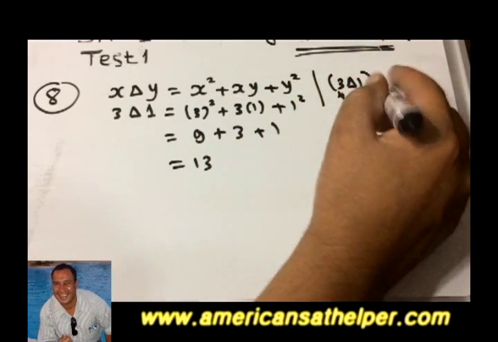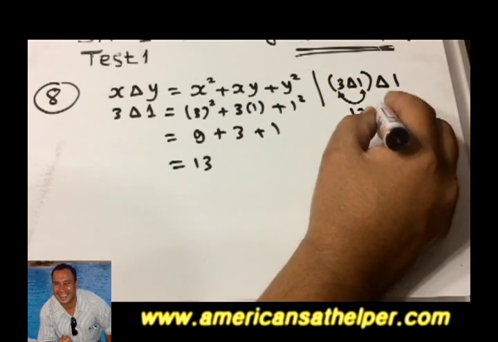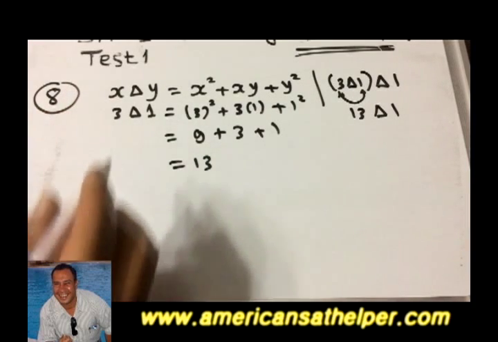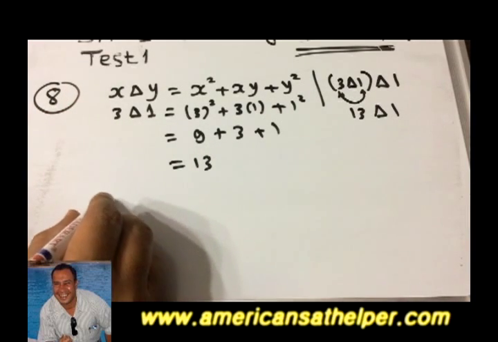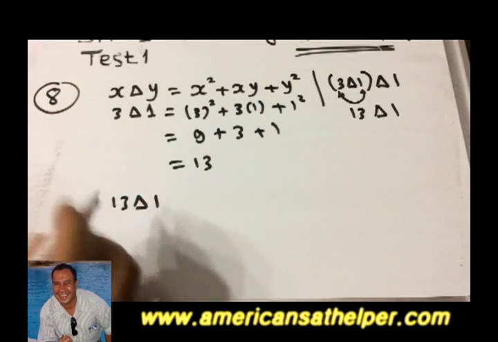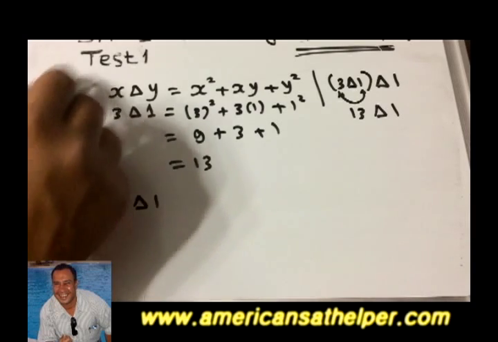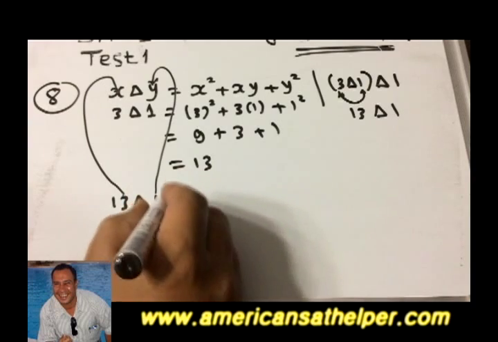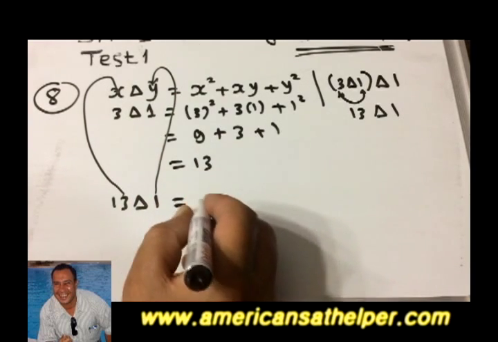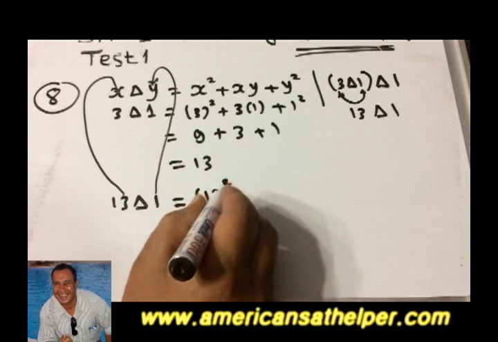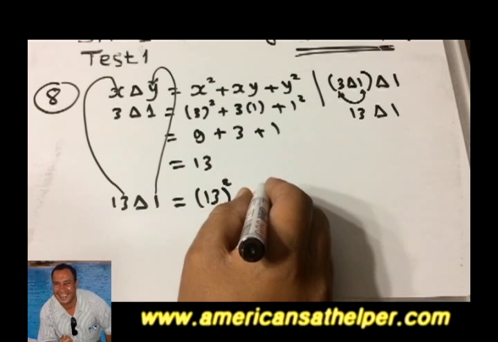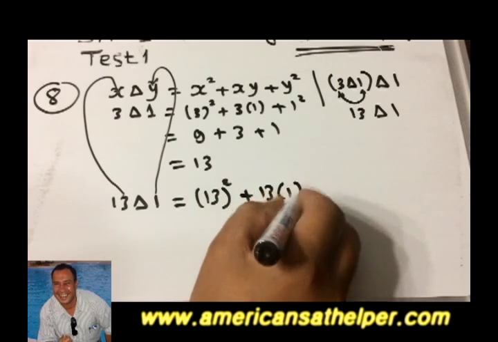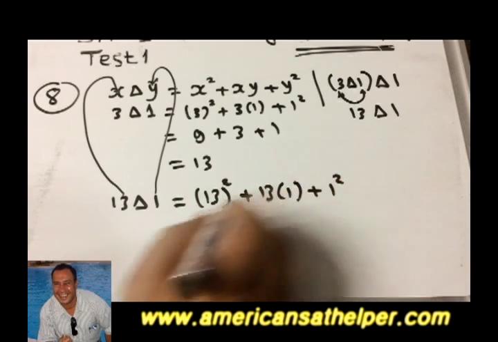We will find 13 triangle 1. Let's apply the rule again. This means we will replace x by 13 and y by 1. Let's substitute: 13 squared plus 13 multiplied by 1 plus 1 squared.